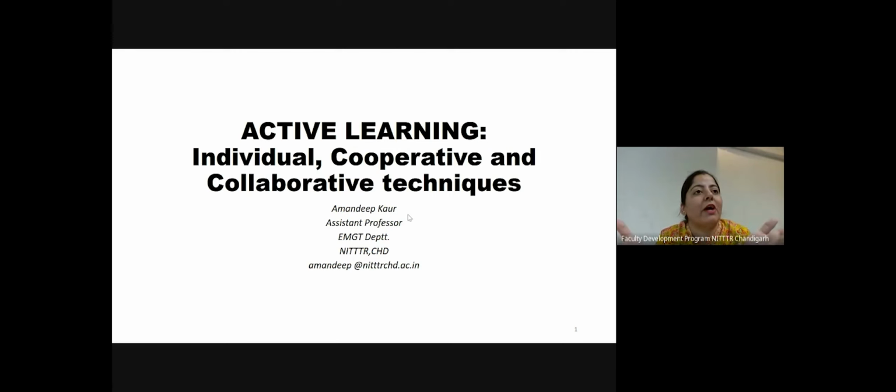But what happens if we provide this ability, this flexibility, to the student: this is the information, I am here to explain that information to all of you. You need to process that information in my presence, and when you are processing that information, if there is any doubt or any clarification required, I will provide you the essential feedback.